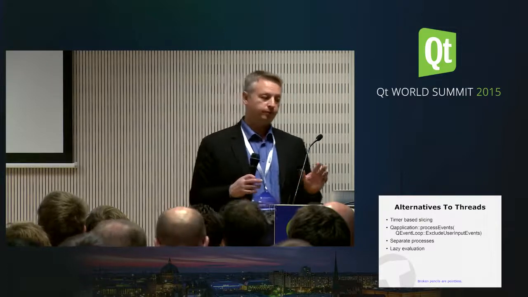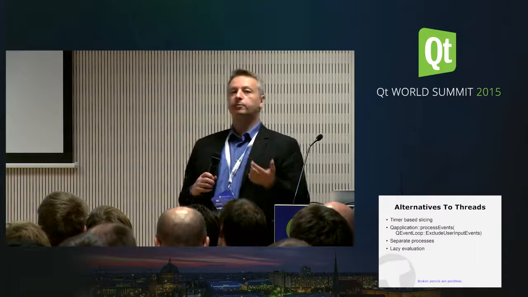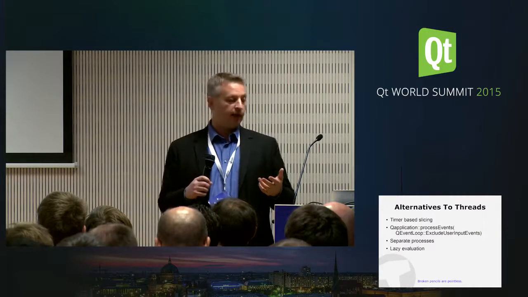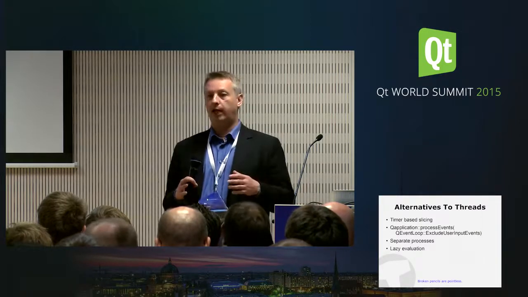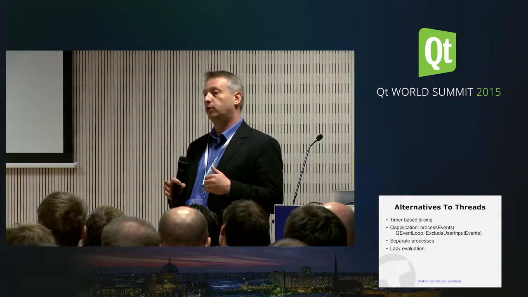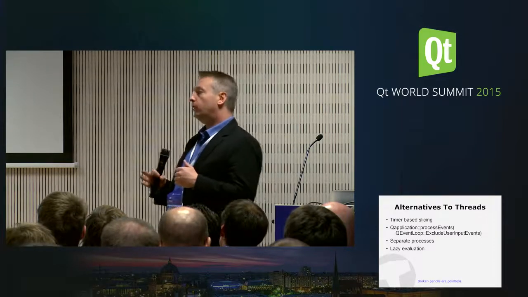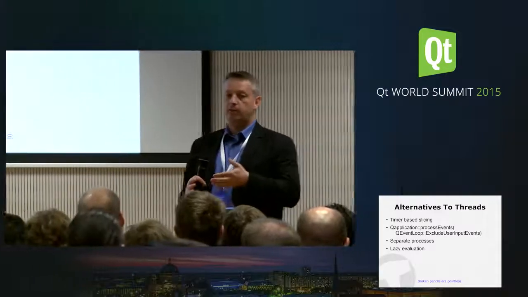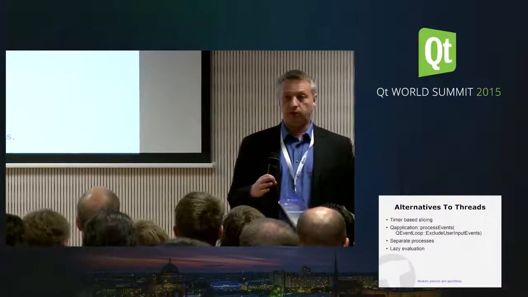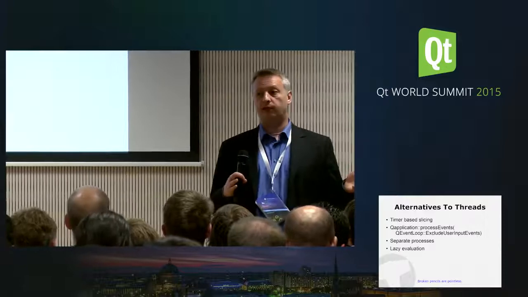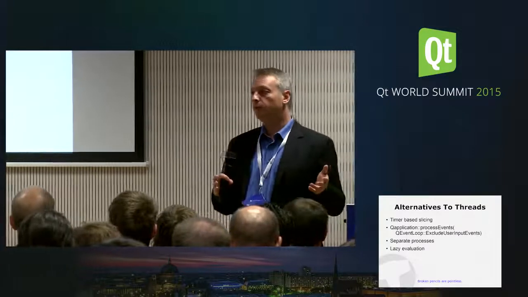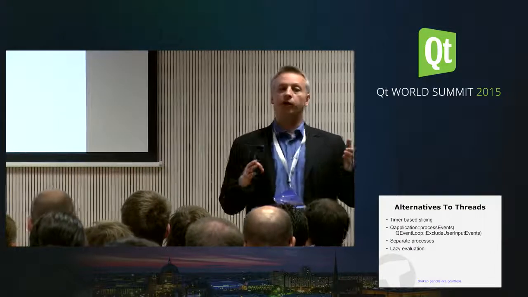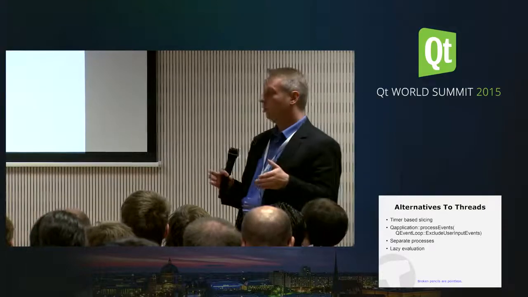Be careful. A guy asked me about multiprocessing or multiprocess applications, and that's an alternative. When you run stuff in separate processes, that makes debugging even worse, because you usually cannot debug 2 applications at the same time. So that means debugging is now going from bad to horrible.